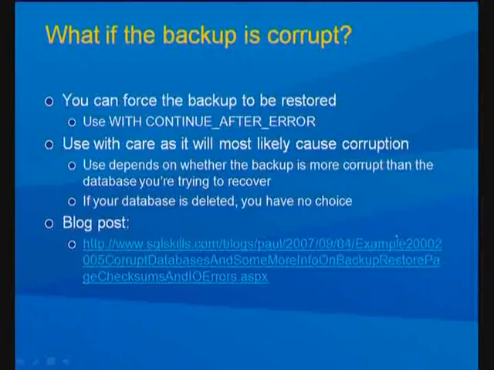So the question is, if you have a corrupt database and you take a backup of it with continue after error and restore it on a second system, is that database then a consistent database? And the answer is no. It'll be an exact physical copy of the corrupt database originally. So the act of taking the backup, even with continue after error, doesn't perform any repairs. It just sucks out the corrupt database and puts it in a backup. When you restore that, it's still going to be corrupt.